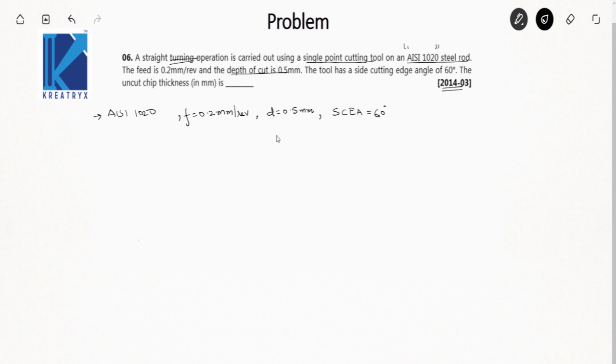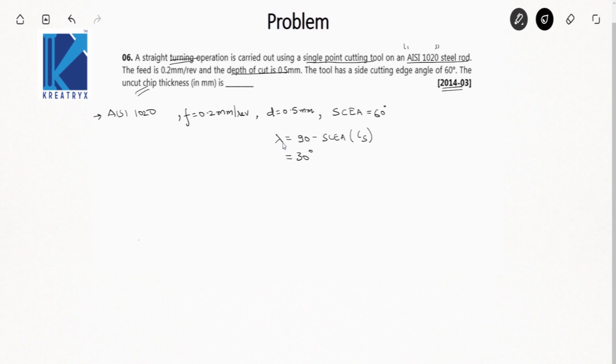So what is lambda, the principal cutting edge angle, which equals 90 minus SCEA, that is 30 degrees. Now what they are asking is the uncut chip thickness.